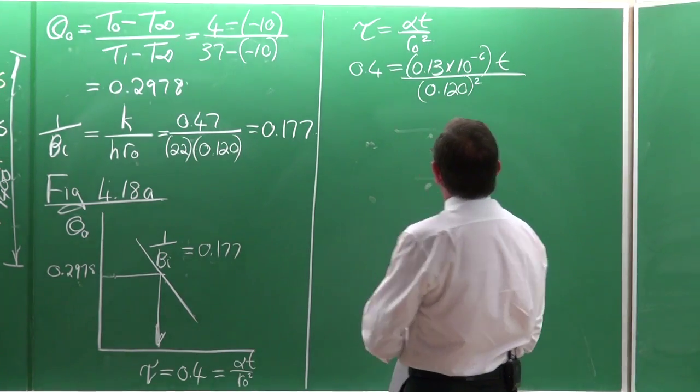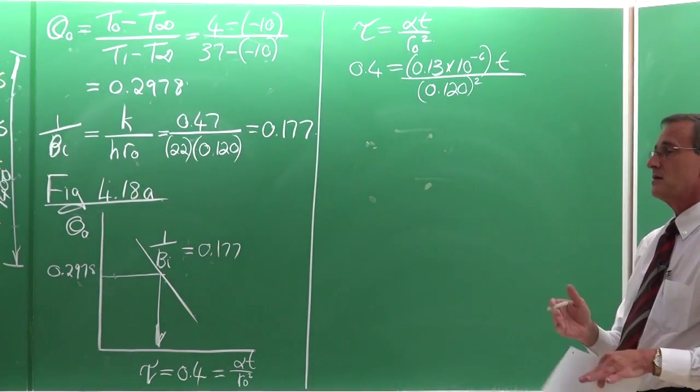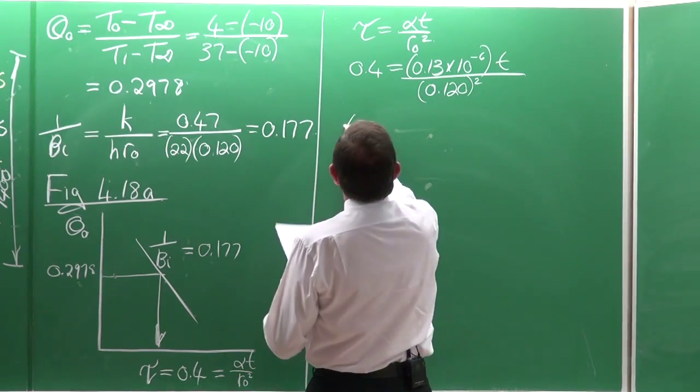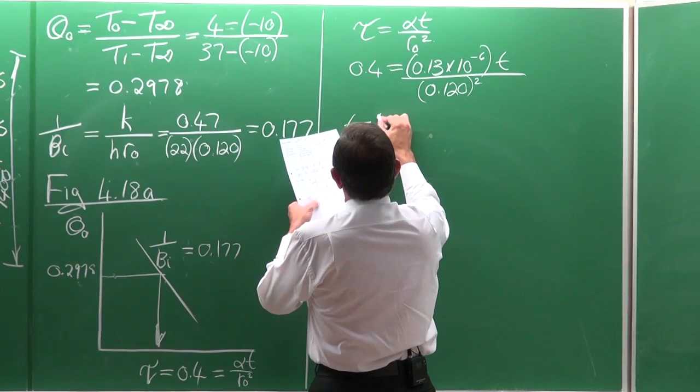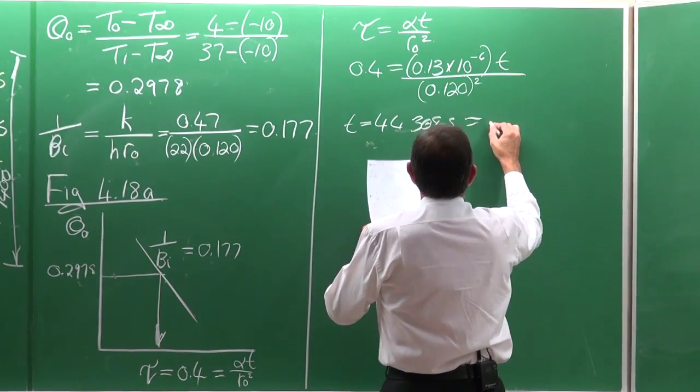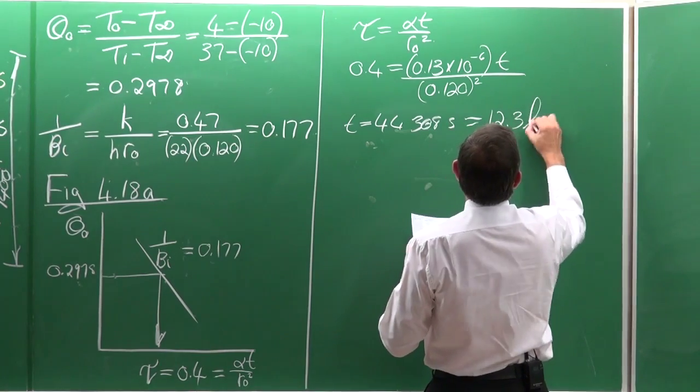The diameter is 240 millimeters, so the radius is 120. And from it, we can solve the time as 44,308 seconds, and that is about 12.3 hours.